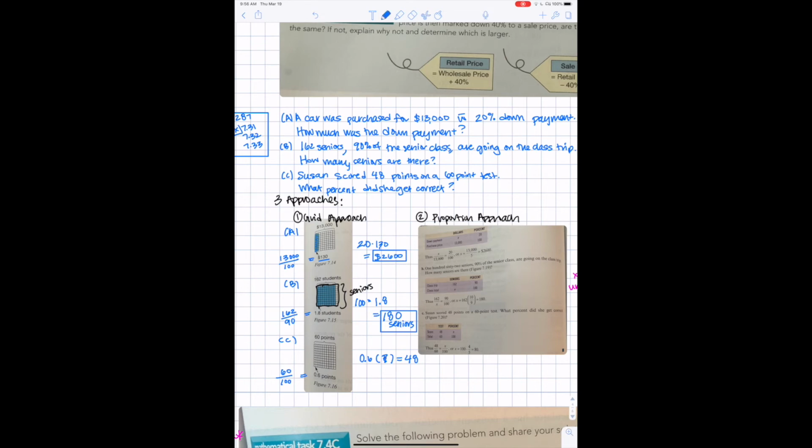So let's call it a variable so it doesn't look as confusing. We'll call it X. And so what I want to do is take X, and that should be 48 divided by 0.6. And that should give me 80%.